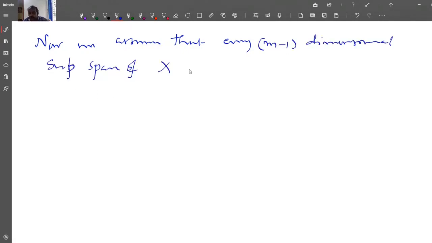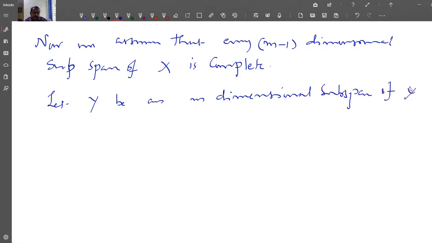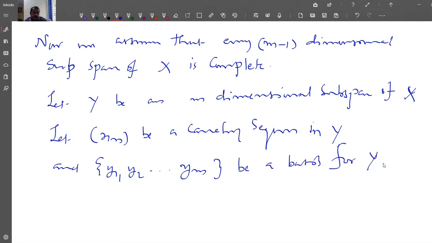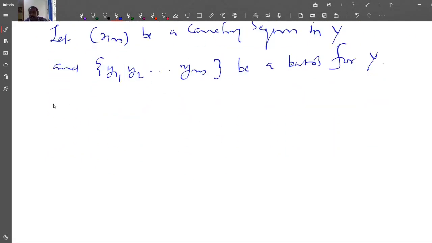Now we assume that every m-1 dimensional subspace of X is complete. So let Y be an m-dimensional subspace of X. Let x_n be a Cauchy sequence in Y and y1, y2, etc., ym be a basis for Y. So let Z be the span of y2, y3, etc., ym.